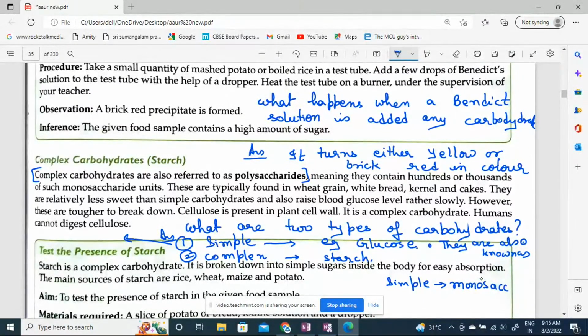That means they consist of one saccharide unit. And complex carbohydrates contain two or more saccharides, so they are known as polysaccharides. Clear? Okay.